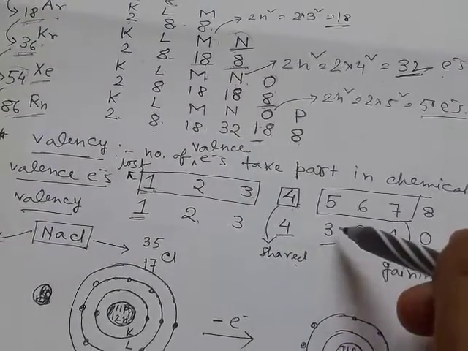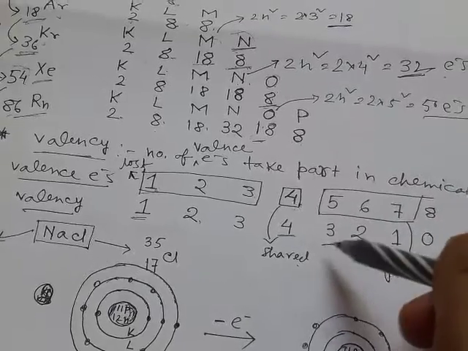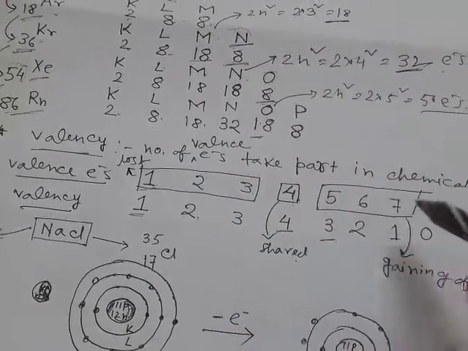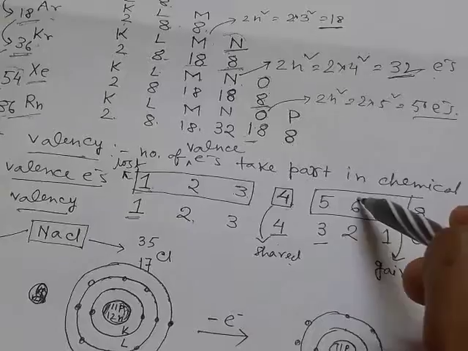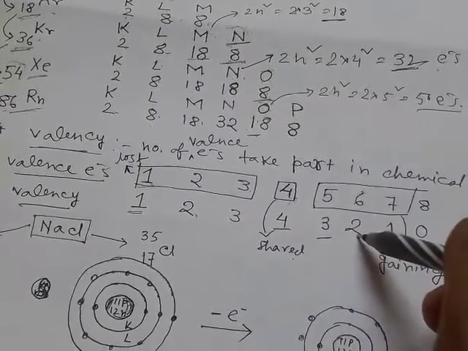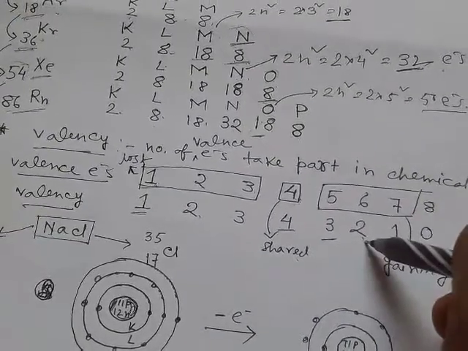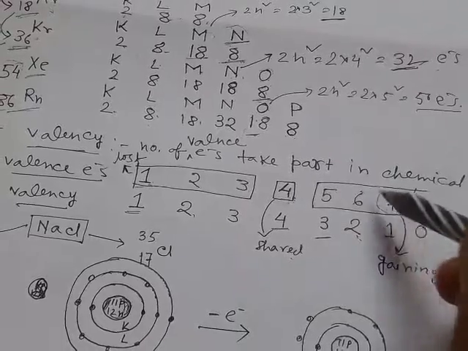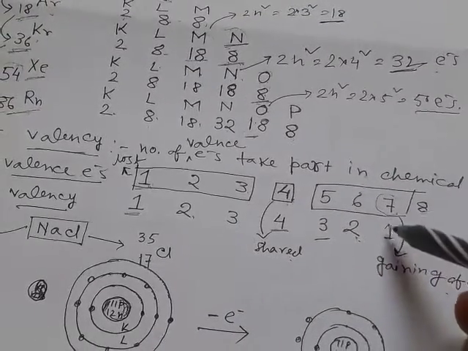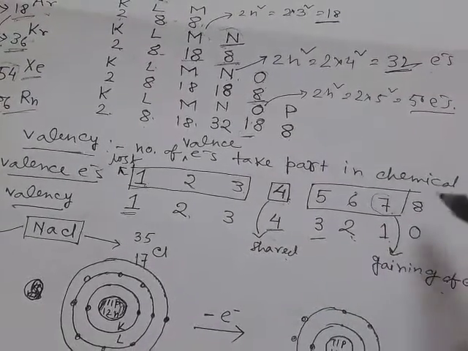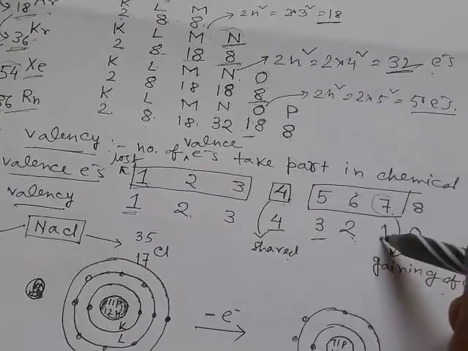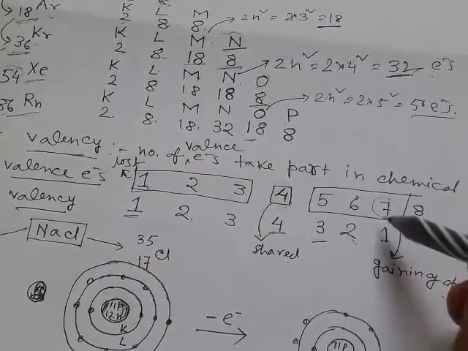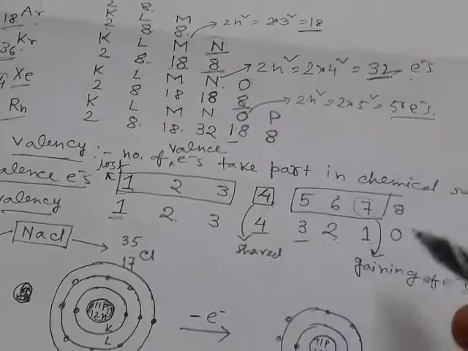Here the valency depends on the number of electrons the atom is accepting. If there are 6 electrons, then it will accept 2 electrons, the valency will be 2. If there are 7 electrons at the outermost shell, then it will accept 1 electron to get the 8 electron configuration, so valency is 1.